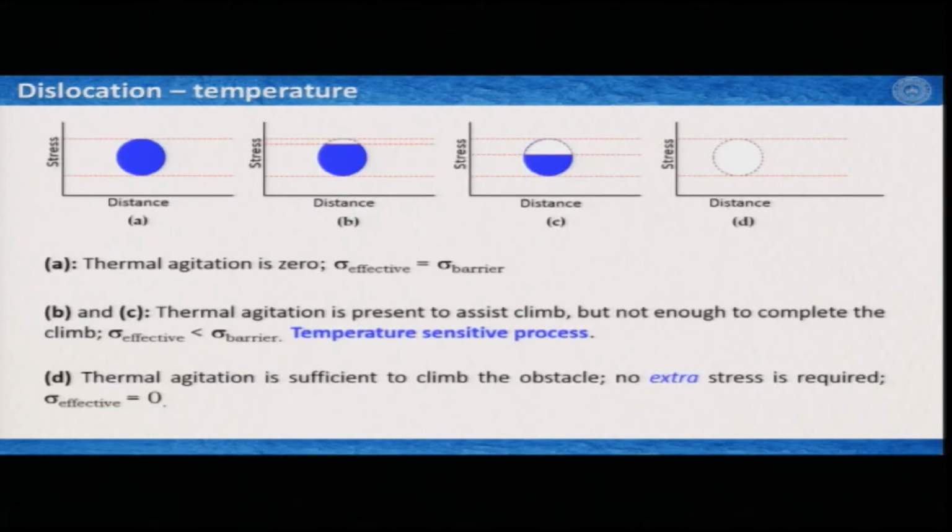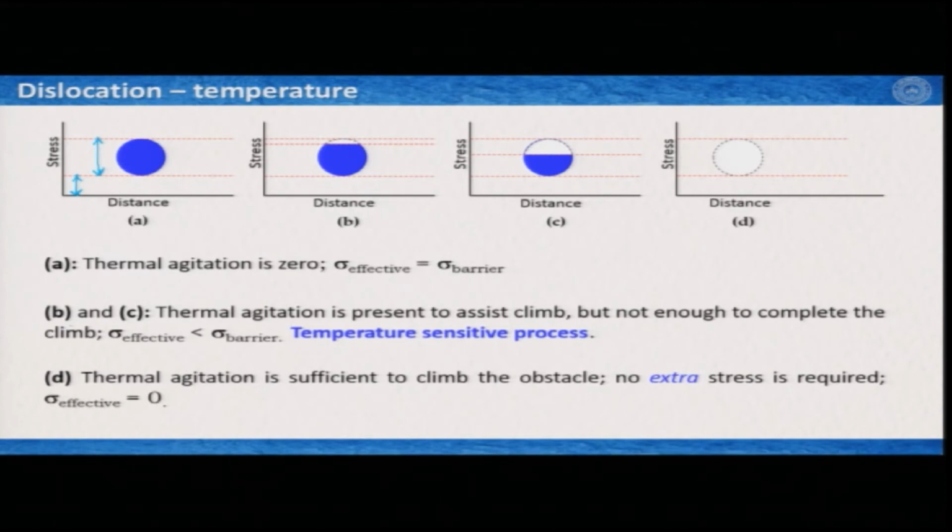So, in the first one, case A, the thermal agitation is 0. Therefore, this is your internal energy or sigma internal, and this one is your sigma barrier. So, you have to have your effective stress equal to the sigma barrier, so that an individual dislocation can climb this blue obstacle.